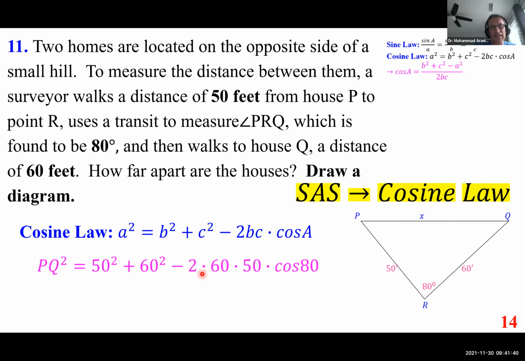And I hope you realize at this point, you just plug it into a calculator and the calculator will answer you. Again, with a bunch of decimals. So PQ squared is given, take a root, 71.12 feet. Always answer with proper units if units are given.